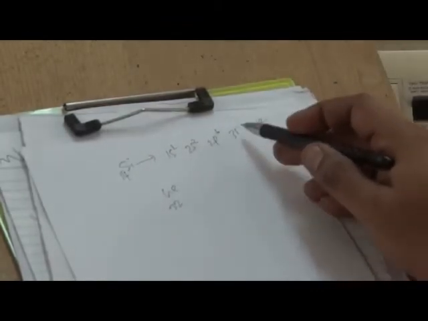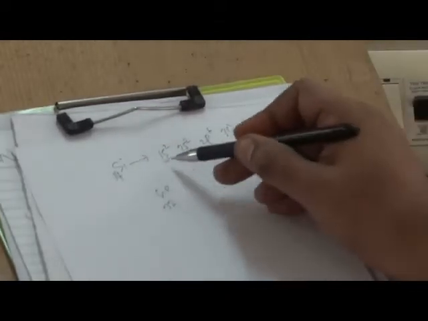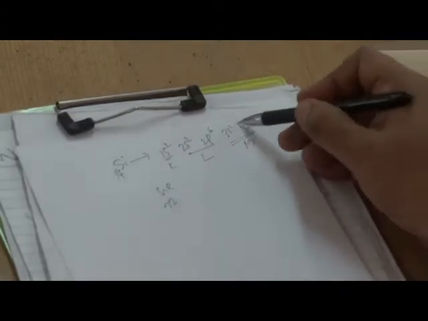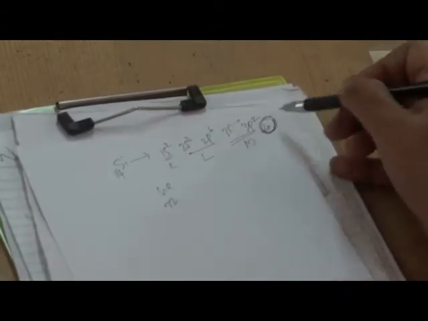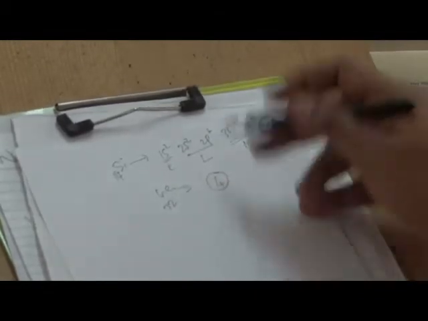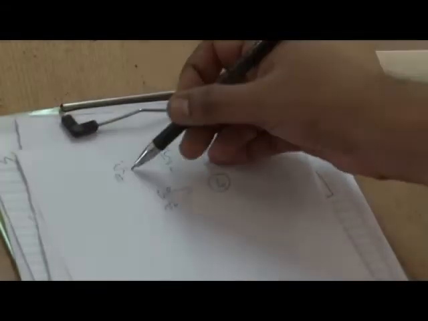Here you see 3s2, 3p2, in the M orbit. So 2 plus 2 is 4, the valence is 4. Like that for germanium also, you will come to know that the valence is 4. So valency 4 elements are used in the semiconductor industry as the base. Either silicon or germanium can be used.